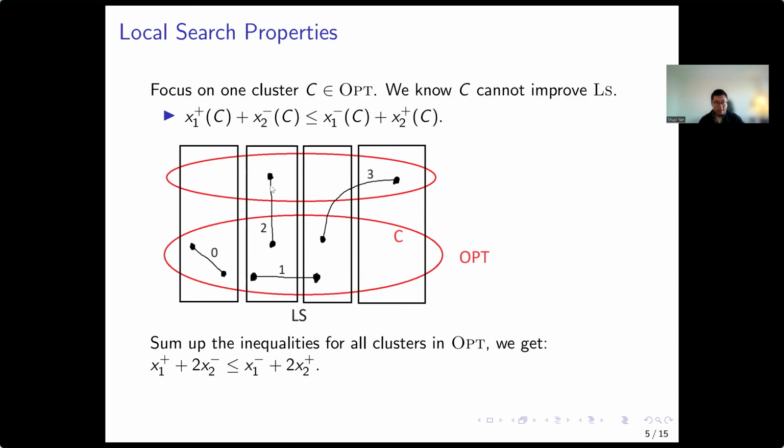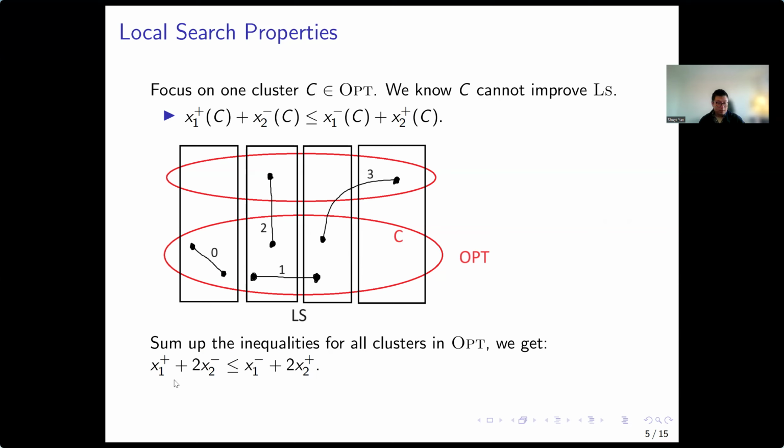Notice that type 2 edges will be counted twice because they are incident to 2 different red clusters. But type 1 edges will only be counted once because they are internal edges in the optimal solution. So if we sum up the inequalities, we will get this inequality. Here x1 plus means the number of type 1 plus edges, and similarly for other terms.